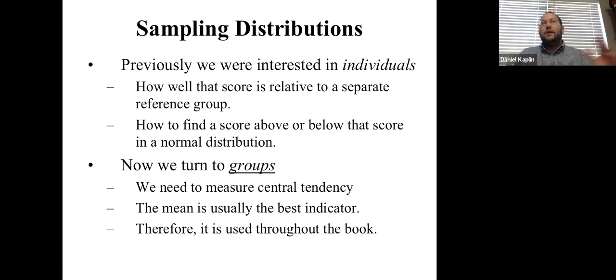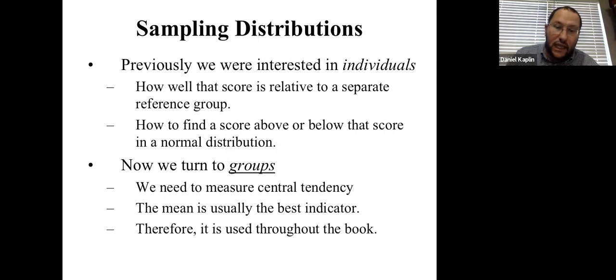So previously, when we thought about z-scores, we were interested in individual scores. And even with the z-scores, we said x minus x bar, x minus mu, we're comparing an individual score relative to a reference group, the mean of that reference group. But from this point forward, we're only interested in group differences or group similarities. So we're shifting away from individual scores to group scores.